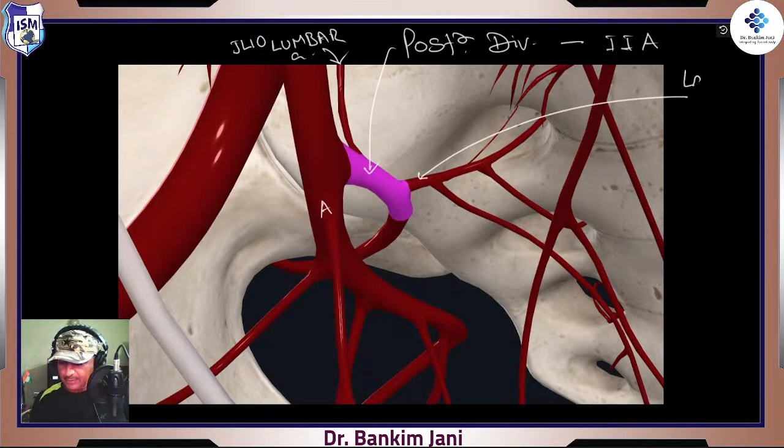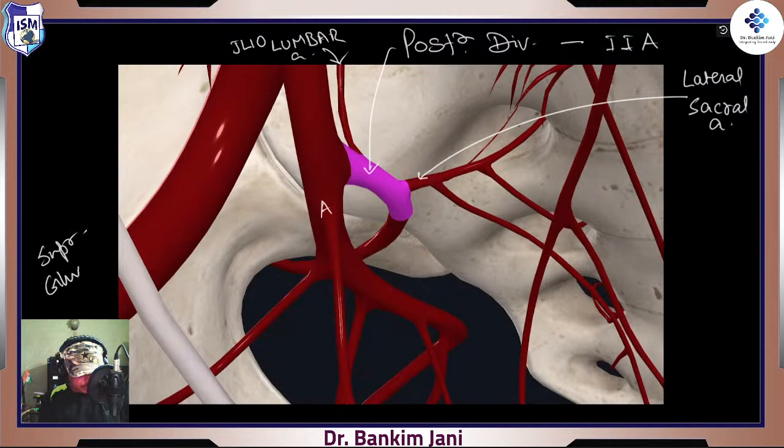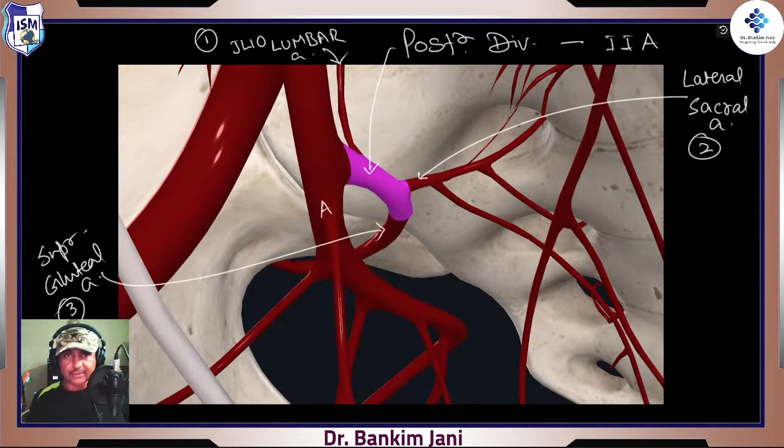Second, lateral sacral, is this one. And the third was superior gluteal, here. So 1, 2, and 3. All of these are only the posterior division of the internal iliac. Whether we say them parietal branches, I think it is fine, because there was no visceral.